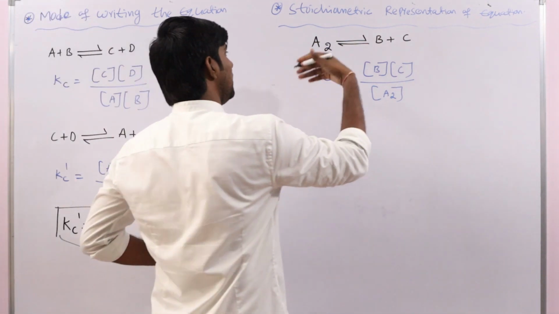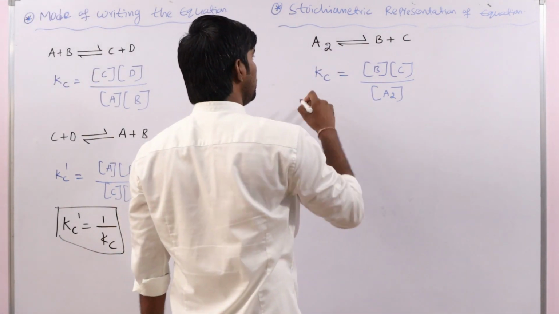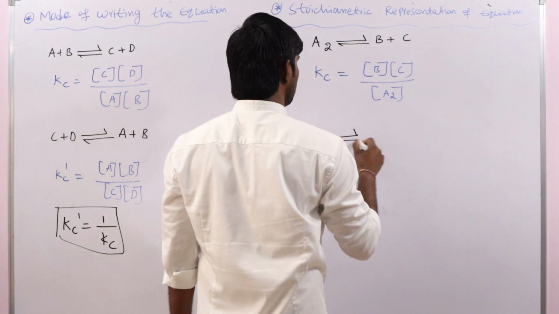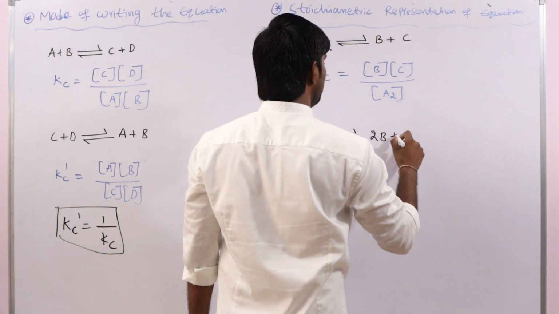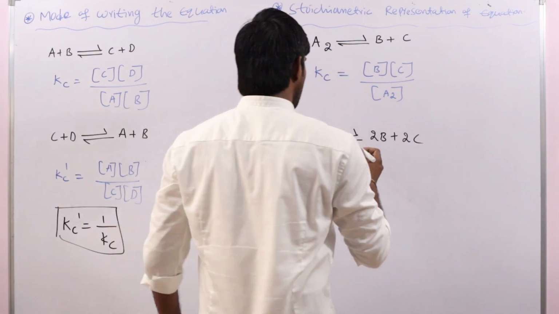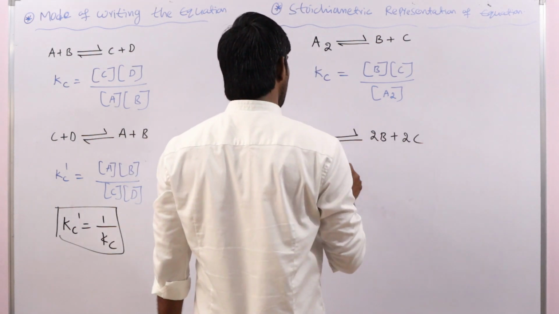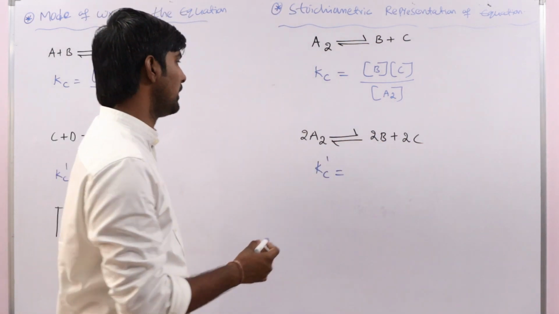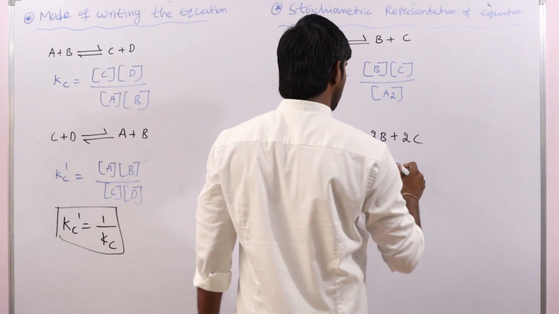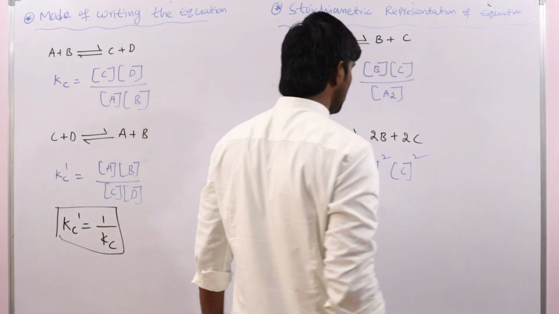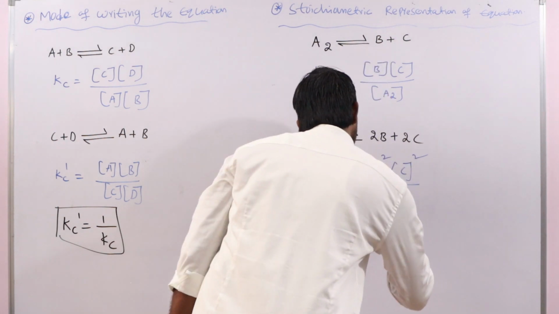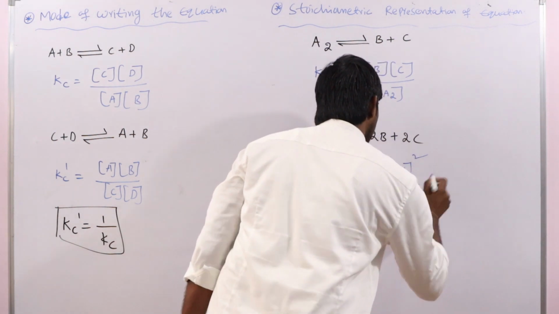Suppose this entire reaction is multiplied by 2, then we get 2A2 gives 2B plus 2C. For this one, if you write the equilibrium constant expression Kc dash, we get concentration of B whole power 2 into concentration of C whole power 2 by concentration of A2 whole power 2.